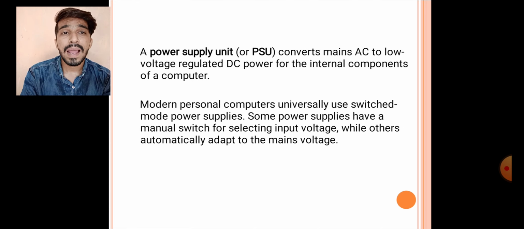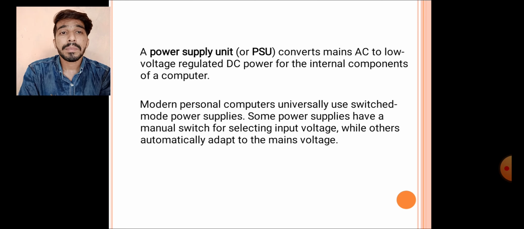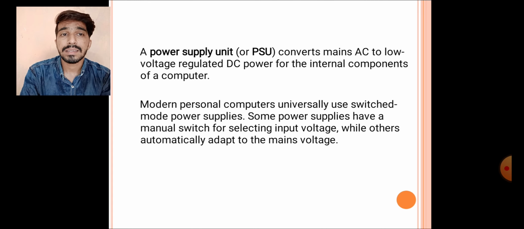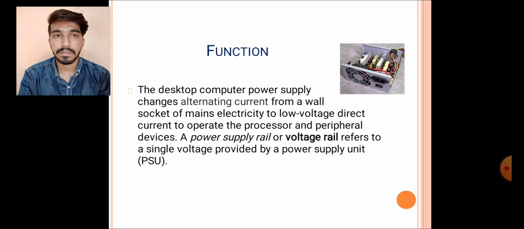A power supply unit or PSU converts mains AC to low voltage regulated DC power for the internal components of a computer. Modern personal computers universally use switch mode power supplies. Some power supplies have a manual switch for selecting input voltage, while others automatically adapt to the mains voltage.